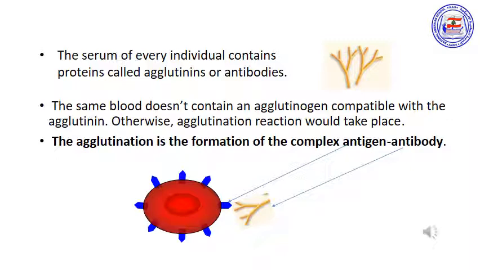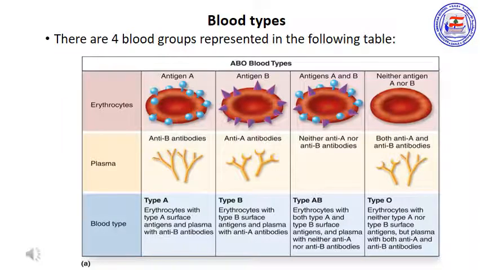If I have in my blood an antibody and an agglutinogen that are compatible, agglutination would take place, and this, of course, leads to a blockage of the circulation. That's why the antibody and the agglutinogen should be different in the same blood. So this table summarizes very well the 4 blood types, A, B, AB, and O.